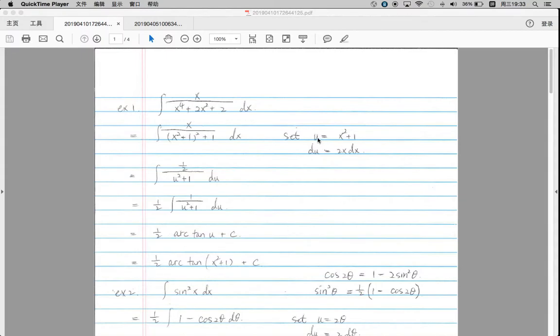So we just bring u back to here: 1/2 of the arctangent of x squared plus 1, since we set u equal to that, and then plus a constant. By using this substitution, we are able to solve a complicated integral in two steps.